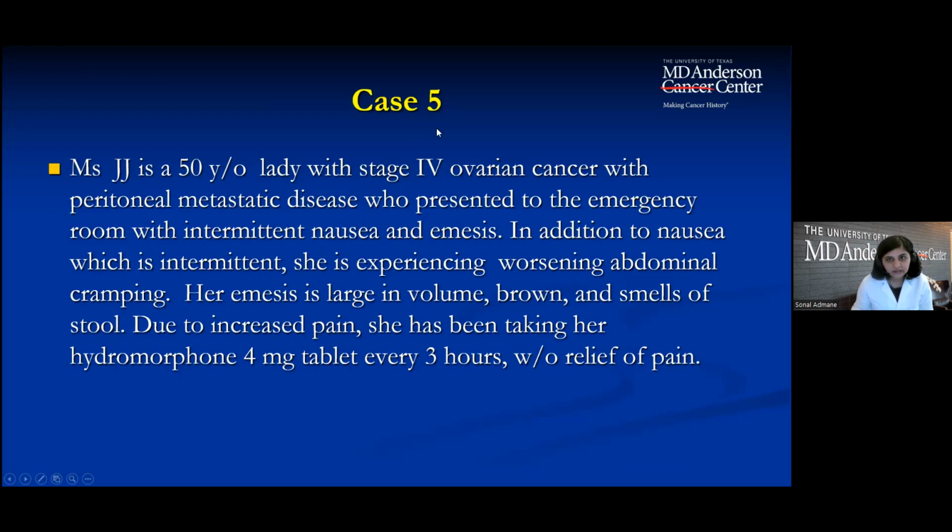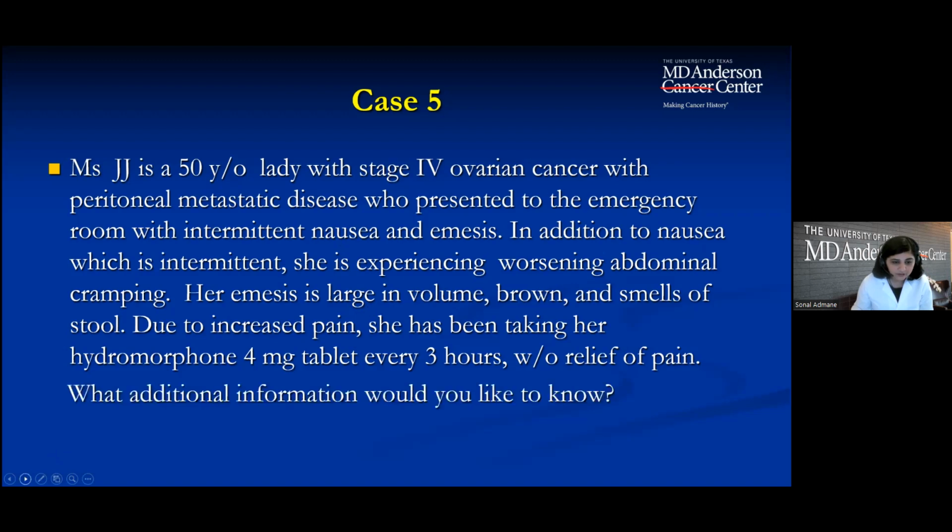She's been taking her opioids around the clock without any relief. And I see somebody wrote in the chat box obstruction, and that's absolutely right. And I know you're going to discuss a case later on for malignant bowel obstruction, so I won't go into much detail. But this is one of the causes of refractory nausea and vomiting, persistent symptoms of nausea and vomiting.